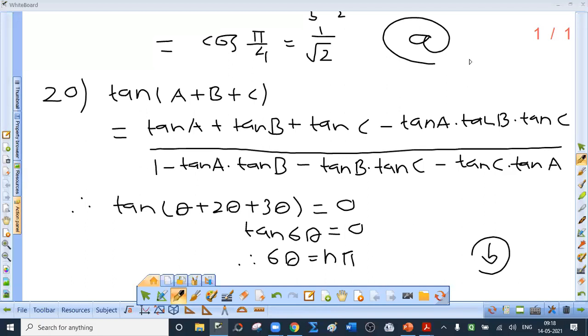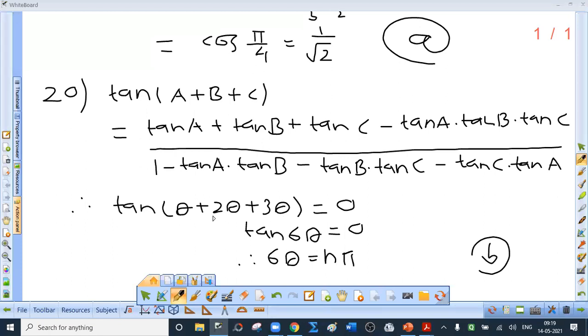20th, if tan theta plus tan 2 theta plus tan 3 theta is equal to tan theta into tan 2 theta into tan 3 theta, then the general value of theta is... This is an important sum. See, what is the formula for tan of A plus B plus C? Tan A plus tan B plus tan C minus tan A tan B tan C upon 1 minus tan A tan B minus tan B tan C minus tan C tan A. Now A is theta, B is 2 theta, C is 3 theta.